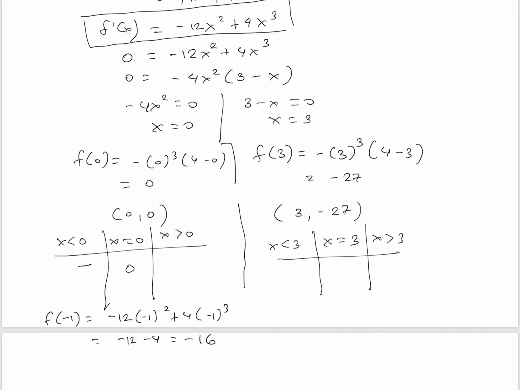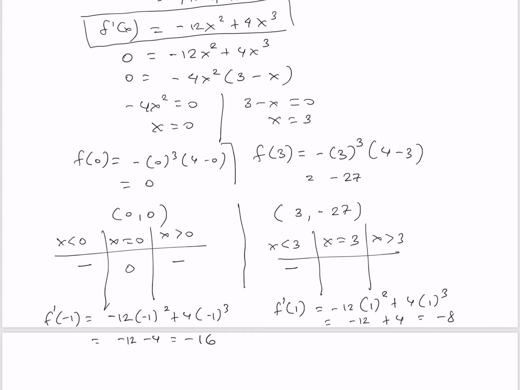So this one is negative. For more than 0 but less than 3, we can use x equal to 1. Substituting into the derivative, you have negative 12 multiplied by 1 squared plus 4 multiplied by 1 cubed. That will be negative 12 plus 4, which is negative 8. So this is still negative and negative.